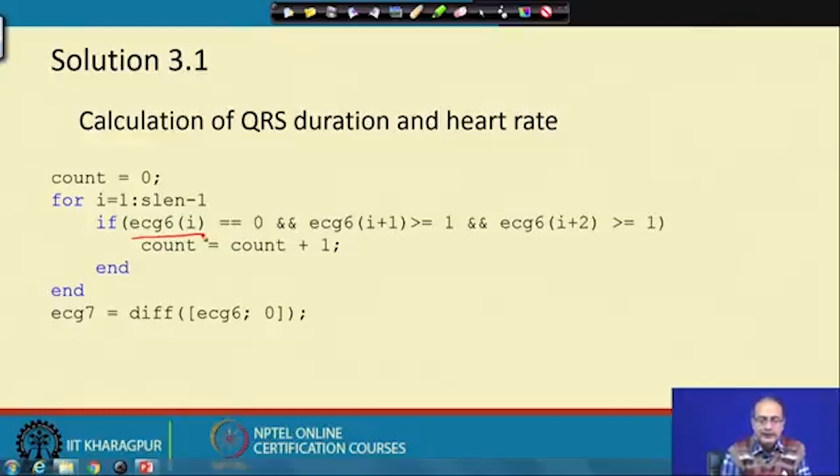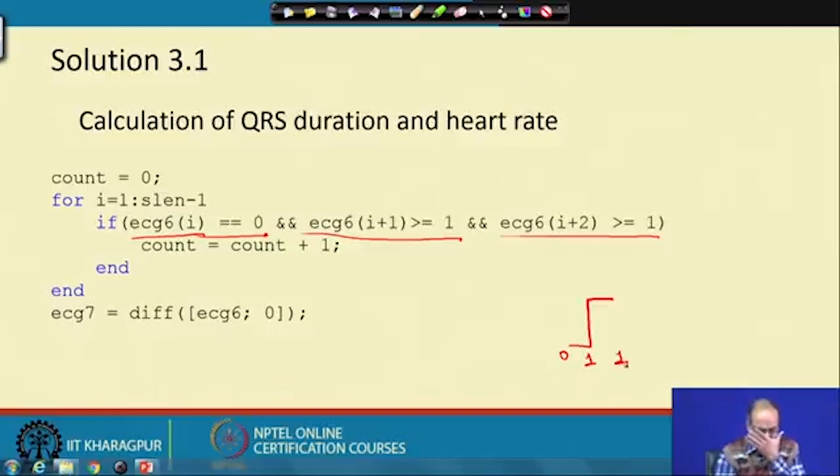So, what we are looking at is that the first value is 0 and the second value is 1 or more than that, and the next value again continues to be 1. That means we are talking about a jump like this. This value is 0, then 1 followed by 1. Okay.